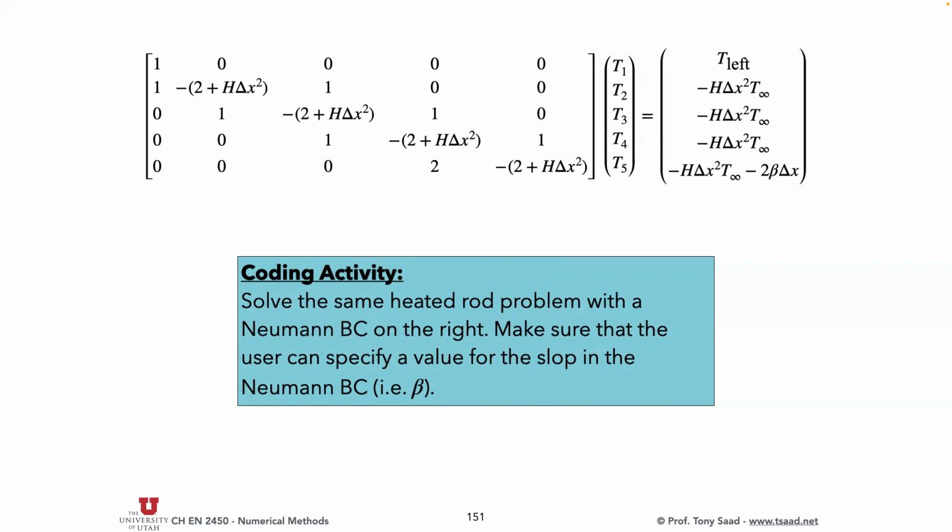Think about that. Beta is the dT by dx, right? So it's the slope. Did you set beta equals 0? So what do you get? 0 slope, right? So set beta equal 10 or 100 or something.